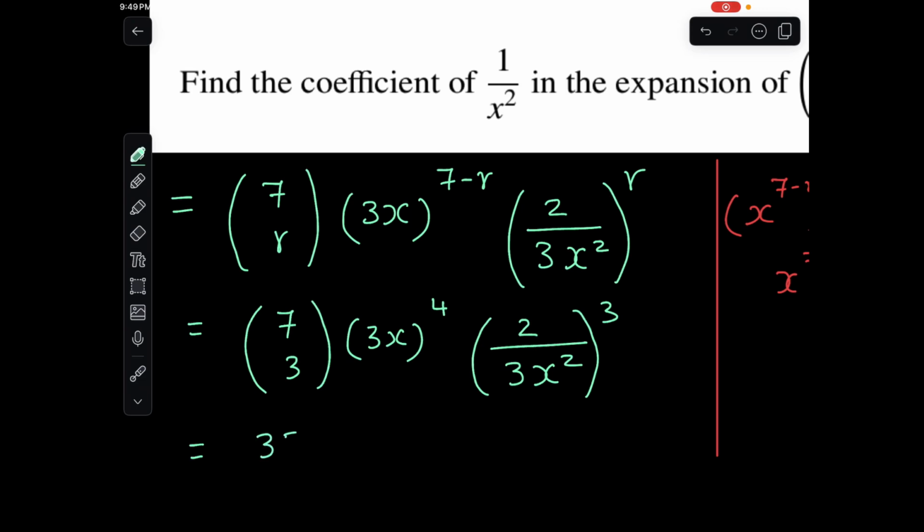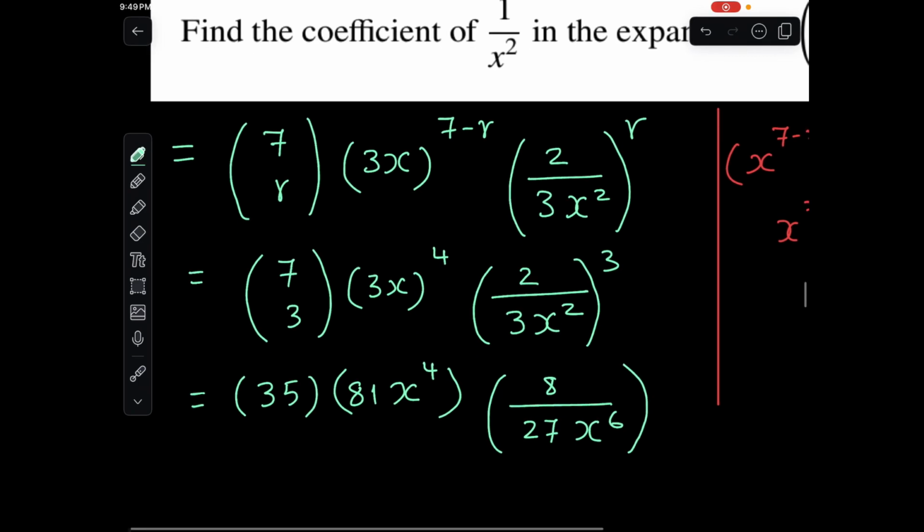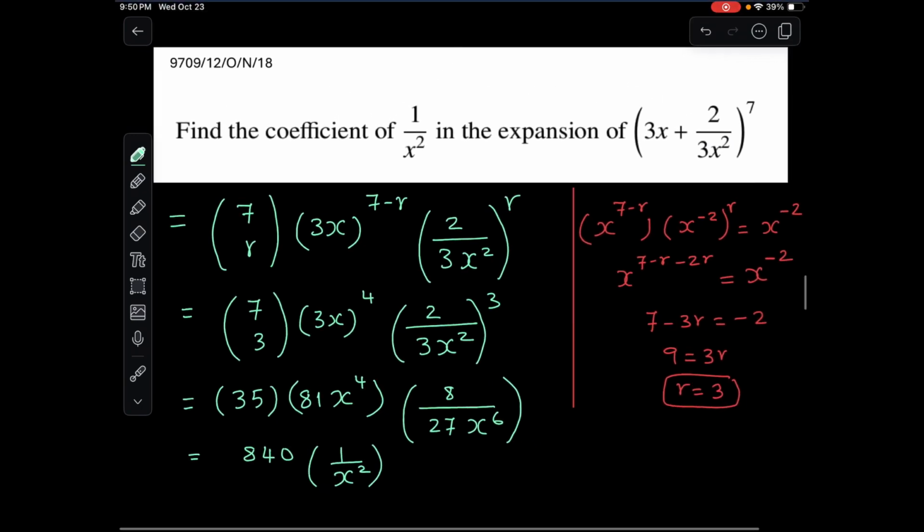That's 35 times 81x to the 4th times 8 over 27x to the 6th. Calculate 35 times 81 times 8, everything divided by 27. That gives me 840 over x squared. So the coefficient of 1 over x squared is 840.